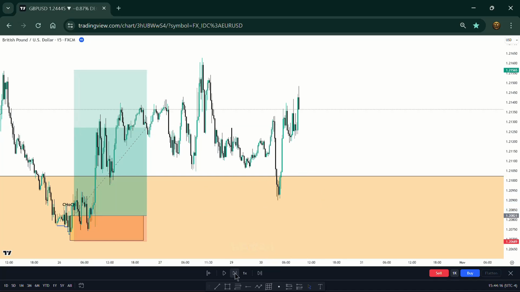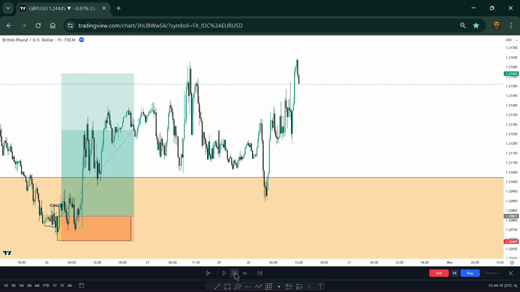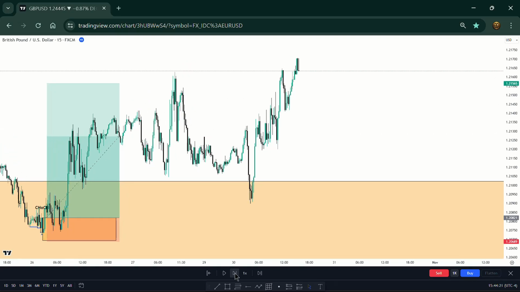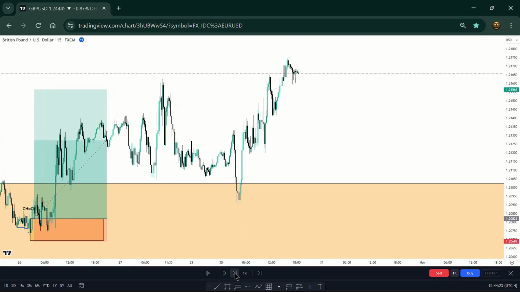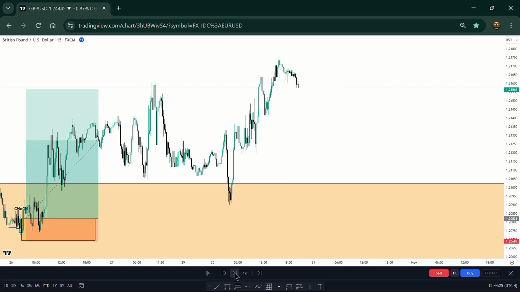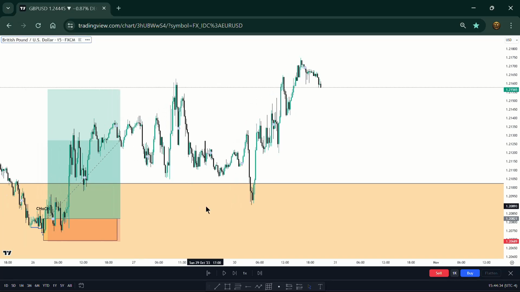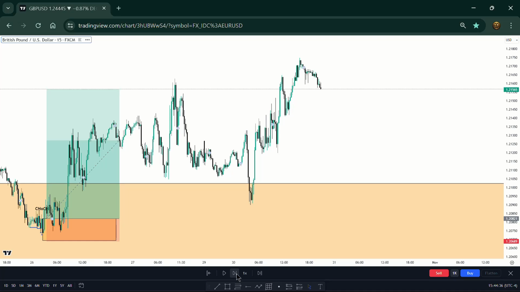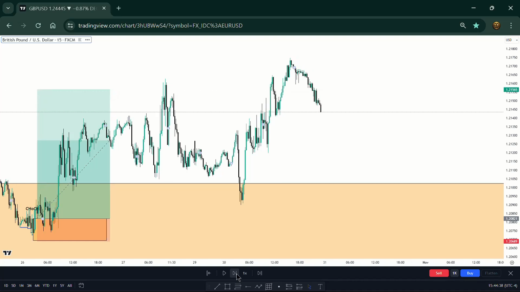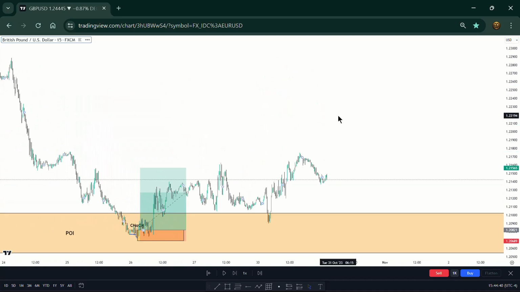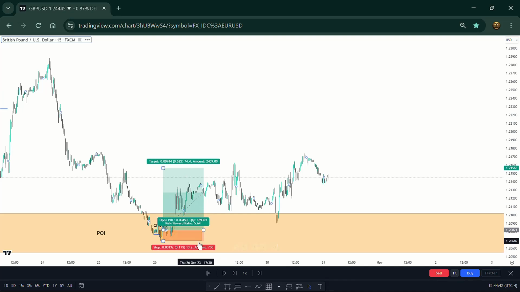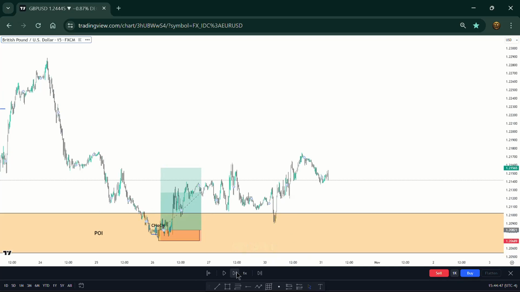So let's just see what happens, if anything happens. So if you entered somewhere here again on that order block, and then that is your high, you're going to get something off, but I don't think I would have entered there. So yeah, unless the market comes all the way down to take me out, then I can look for new setups.